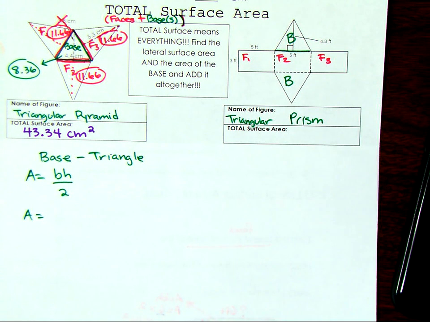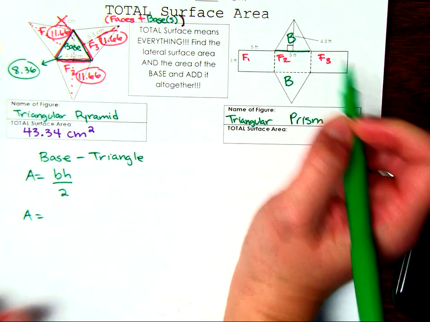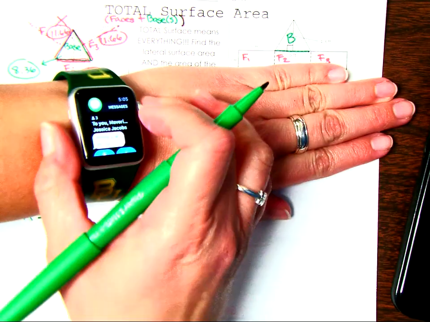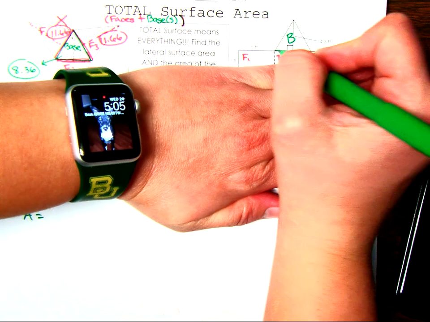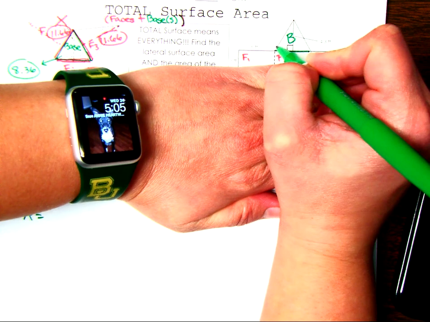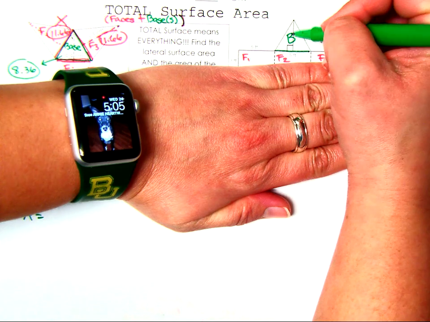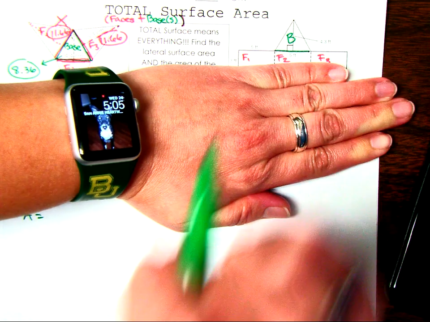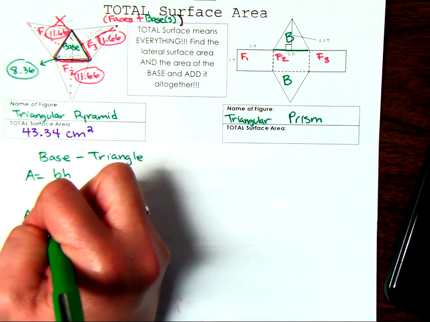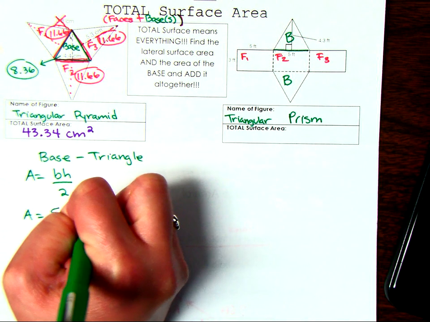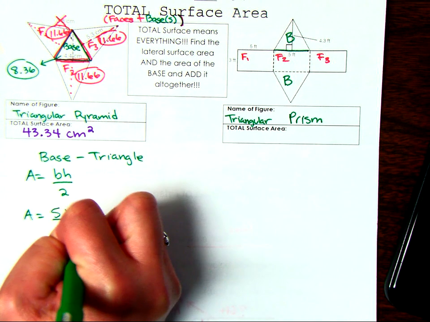Your base of your triangle, right there, again, if you need to cover it up to see how you can look at that, is 5, and your height right here, forming that right angle, is 4 3/10. So 5 times 4 3/10 divided by 2.